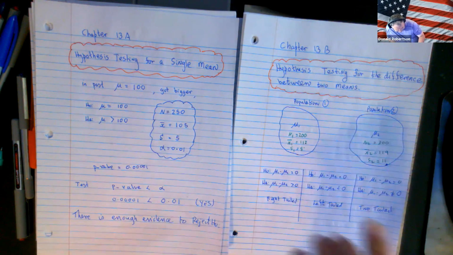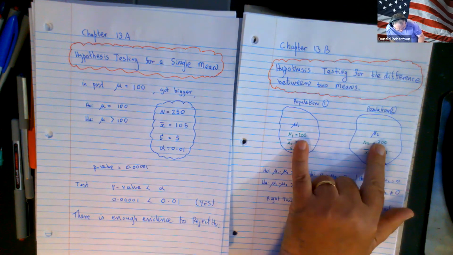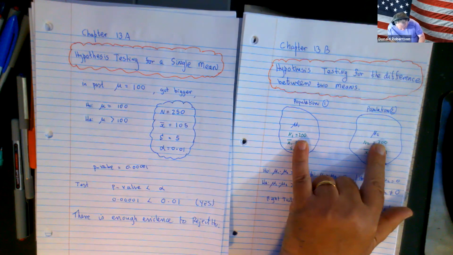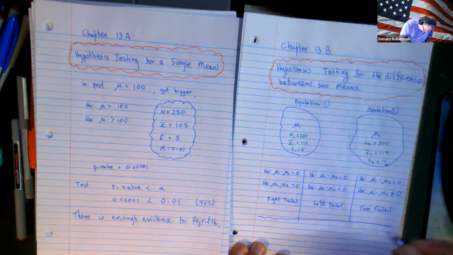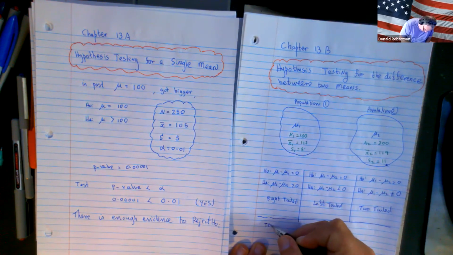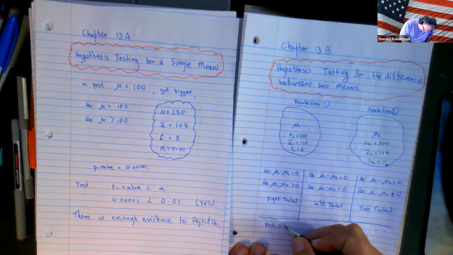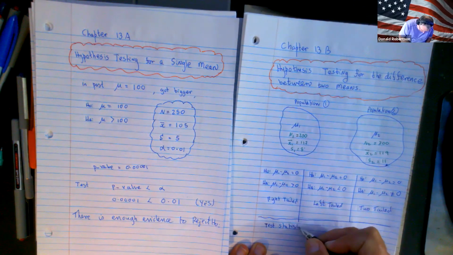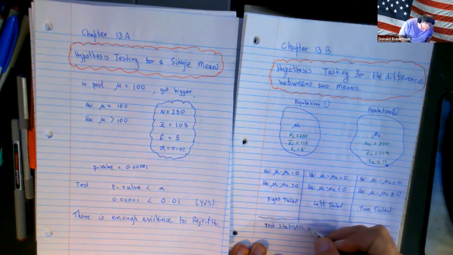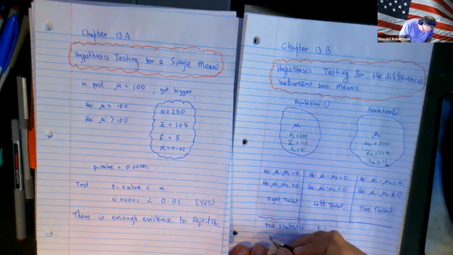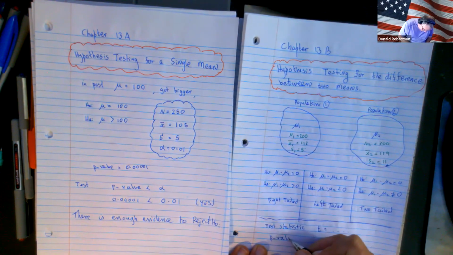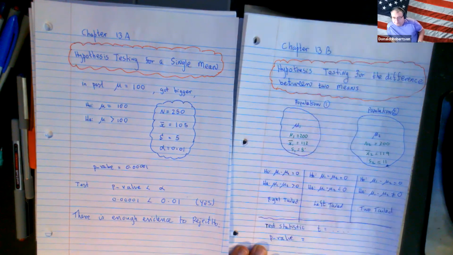And then what do we do? Well, this information can then be put into SALT, and what you will end up getting when you're finished is a test statistic. It will be a t equals something, and you'll get a p-value. And the p-value is what you really want.